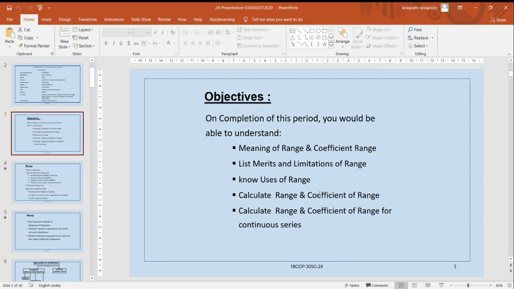And a student will be able to understand the calculation, how the range and coefficient of range is calculated, in all the types of series, that is individual observations, discrete series, and continuous series.